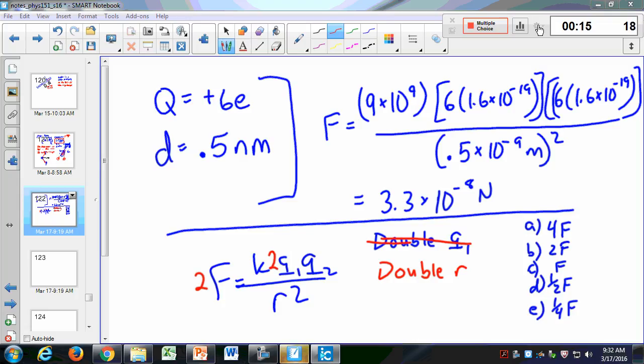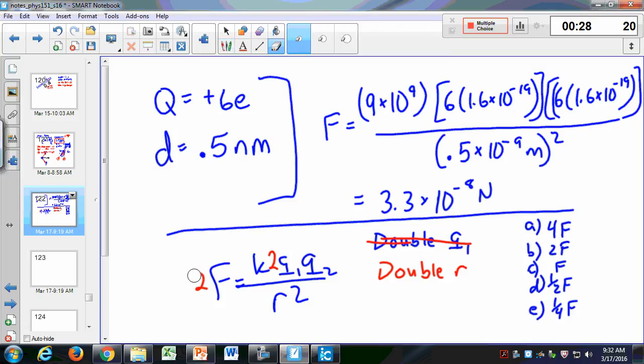If I separate the charges by a factor of 2, what happens to the force between them? Here what I'm doing is I'm doubling R. I want to know what happens to F. All right, I'll stop at 48.